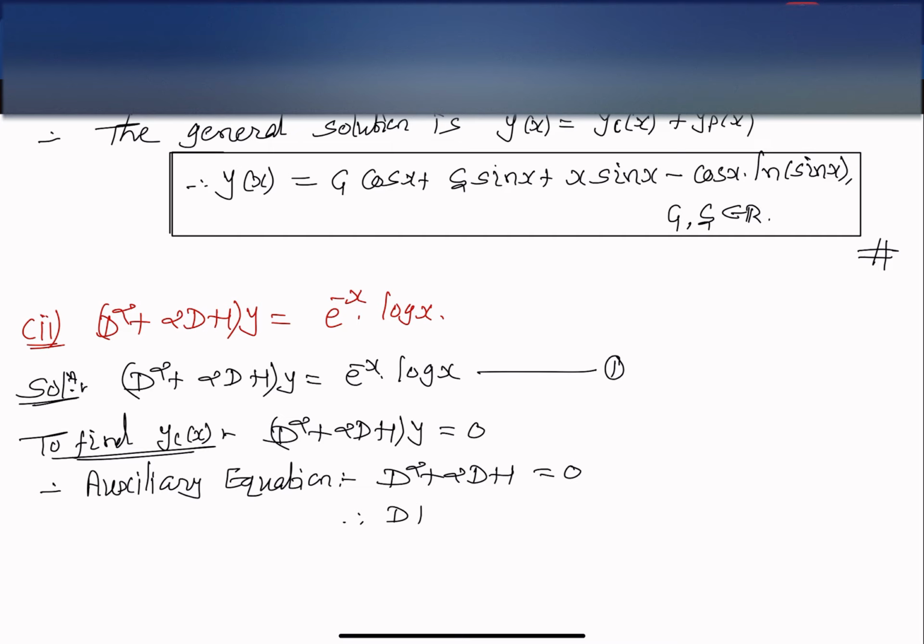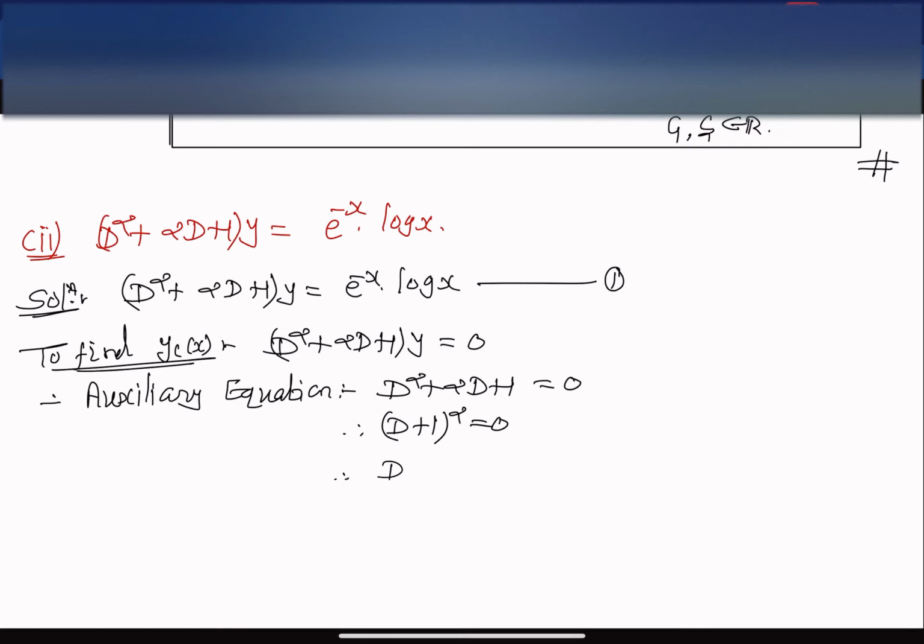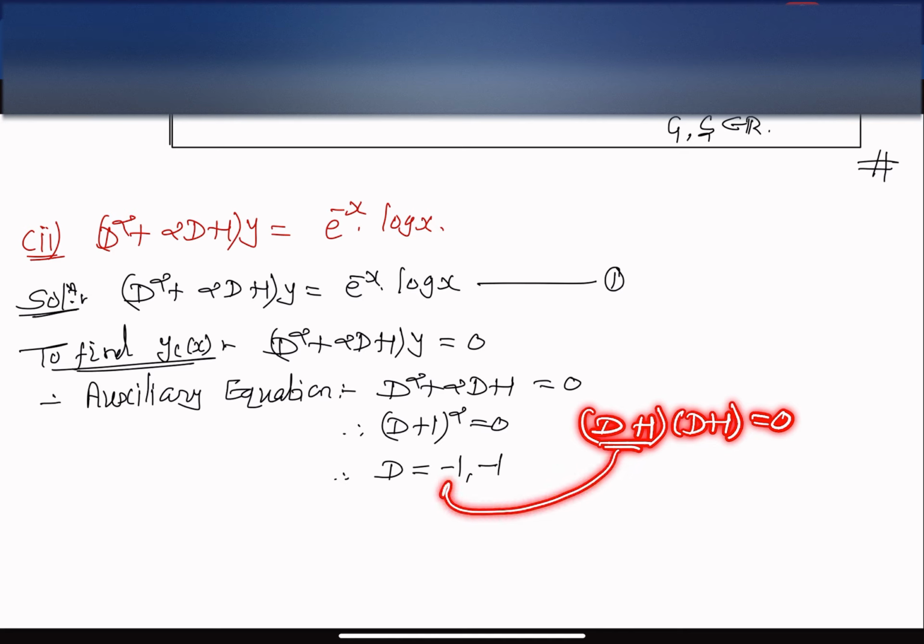And which are the factors? This is nothing but (D plus 1) whole square equal to 0, right? And therefore, what is D? Minus 1. Will you write in this way? No. There are two factors. (D plus 1) whole square is what? D plus 1, again D plus 1, right? So this gives me minus 1. This again gives me minus 1.